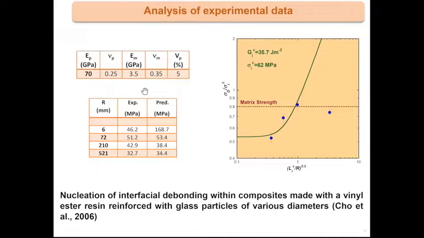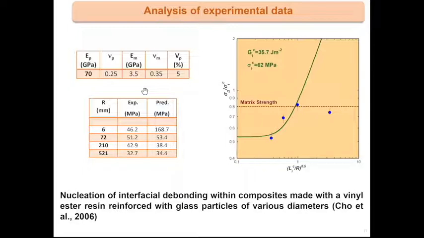Okay. So we have done this for several experiments found in the literature. For example, the data of Shaw et al. They made several batches of composites with glass particles and polymer matrix.